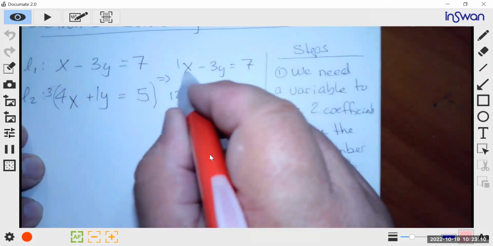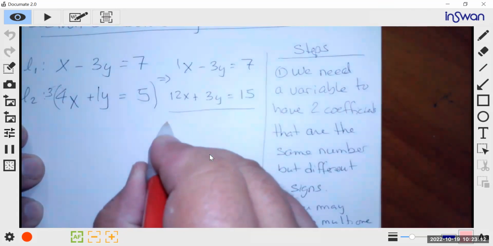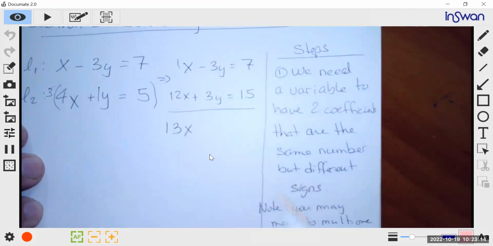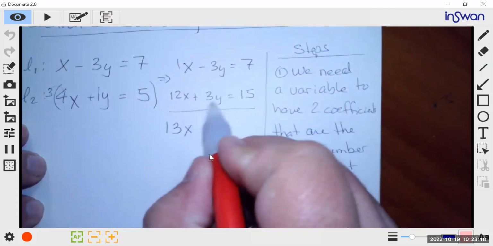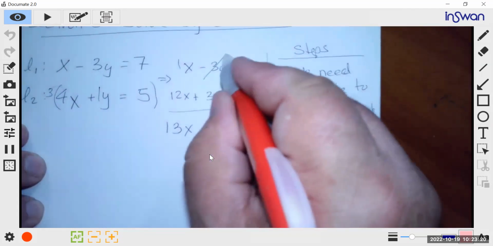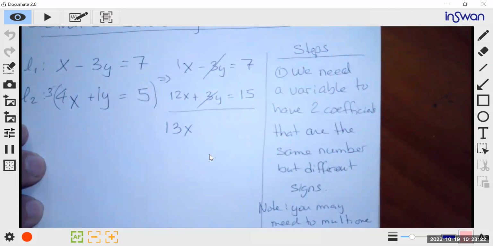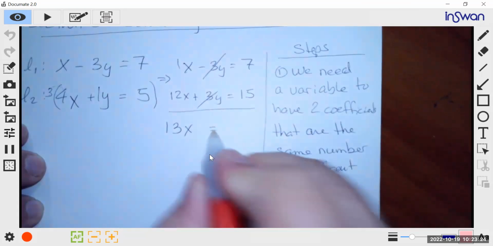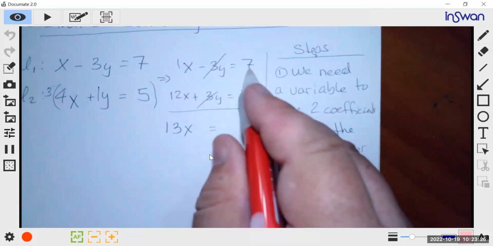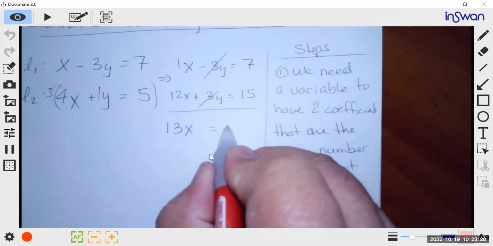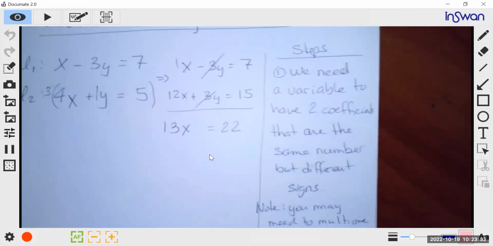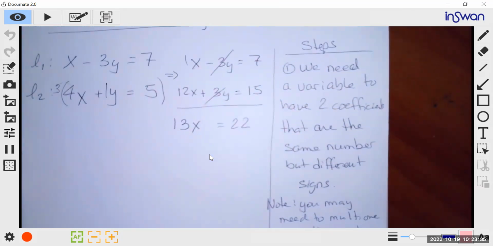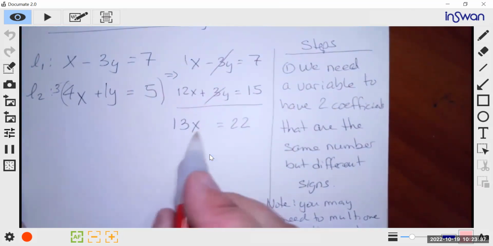So this is 1x. 1x plus 12x is 13x. Negative 3 plus 3 is what? They cancel. 15 plus 7 is 22. So solve for x.